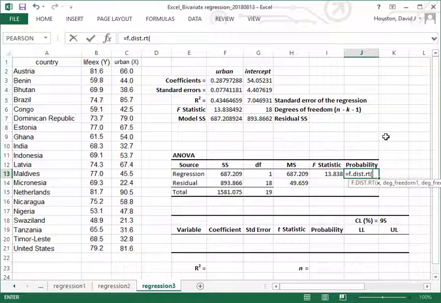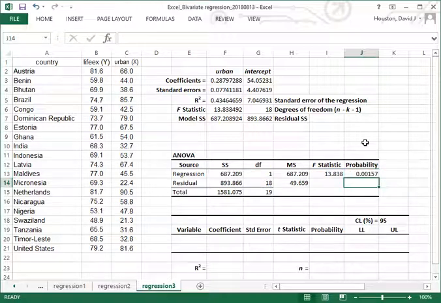It identifies then the area under the curve that is to the right of a particular F statistic, in this case the value of 13.83. So we identify the value of that statistic, comma, it has 2 degrees of freedom. What's called the numerator degrees of freedom is nothing more than the degrees of freedom for the regression sum of squares, comma, and the denominator degrees of freedom is nothing more than the degrees of freedom for the residual sum of squares.